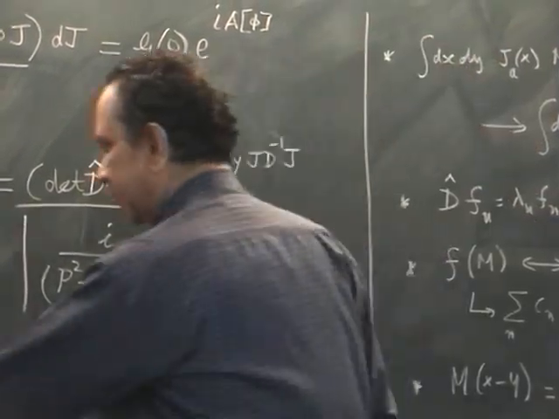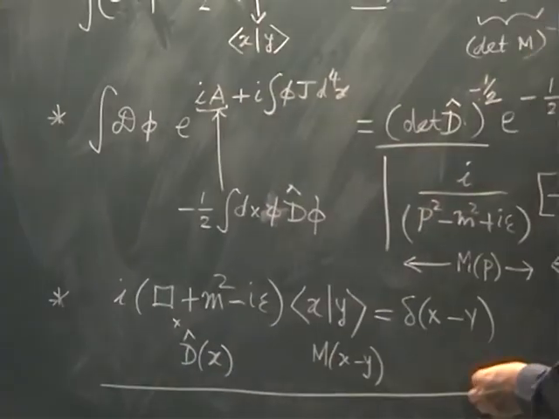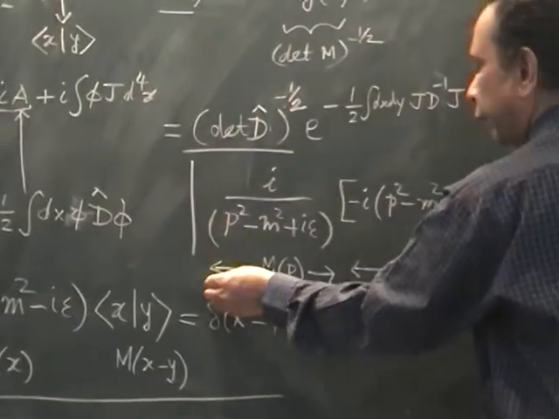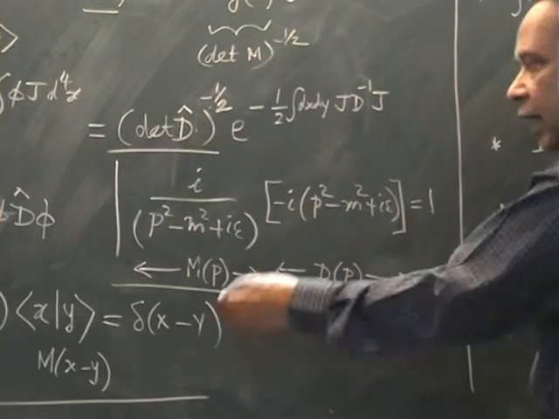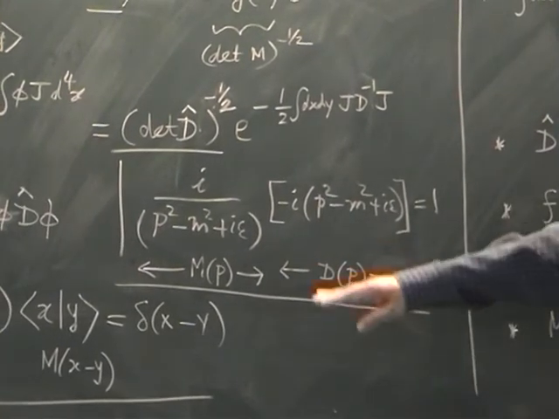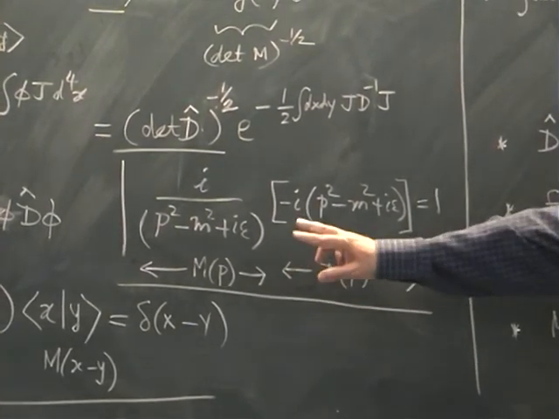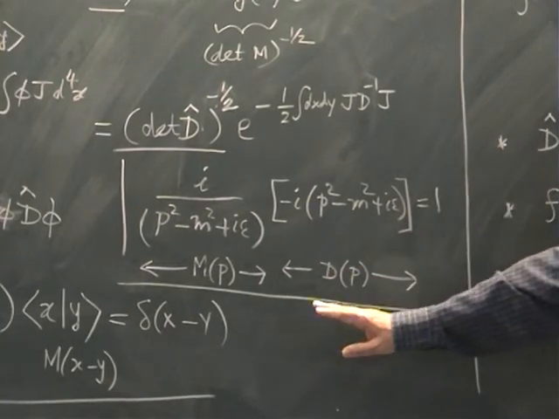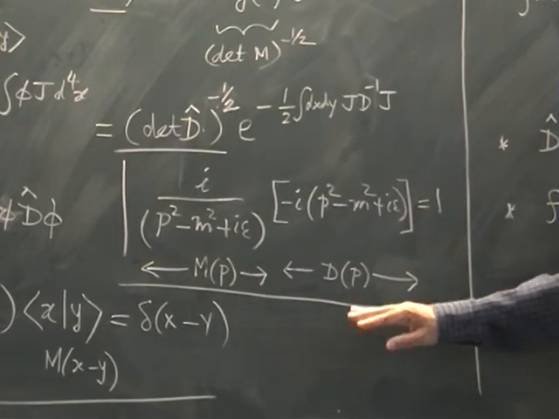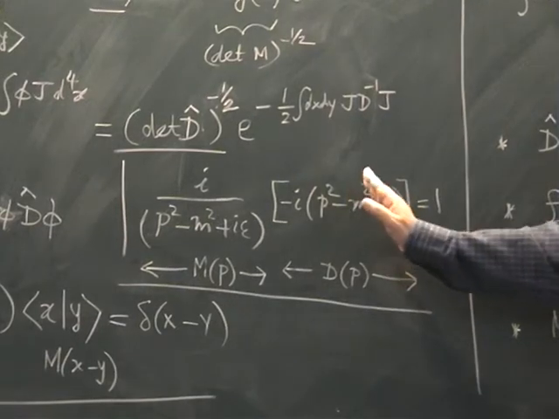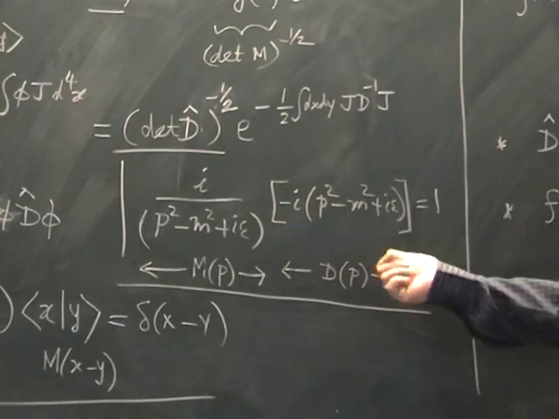So this relation, which I have written down here, and this relation, you should be comfortable in going back and forth. This is an operator acting on a function which depends on two variables giving you a Dirac delta function. The corresponding relation in the Fourier space just tells you it's a product of two numbers giving you unity.